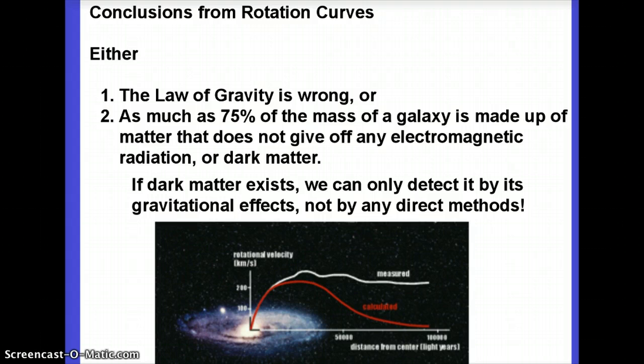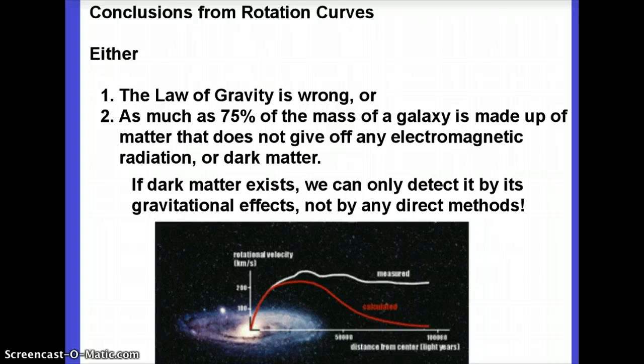Why can't we find it? Why can't the astronauts find it if they go out into space? Shouldn't they be able to maybe feel it if they're floating around out there and they don't report anything? So what is this stuff if it makes up that much mass of the galaxy, and why don't we have any in the middle of our solar system? It's very perplexing, and yet the only other alternative is that the law of gravity is wrong.